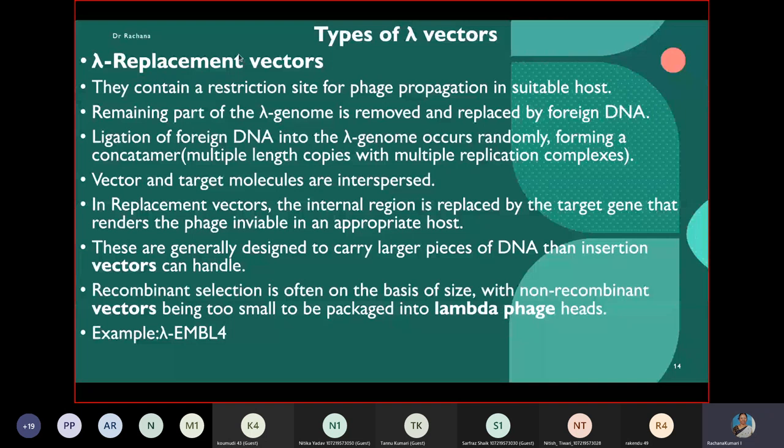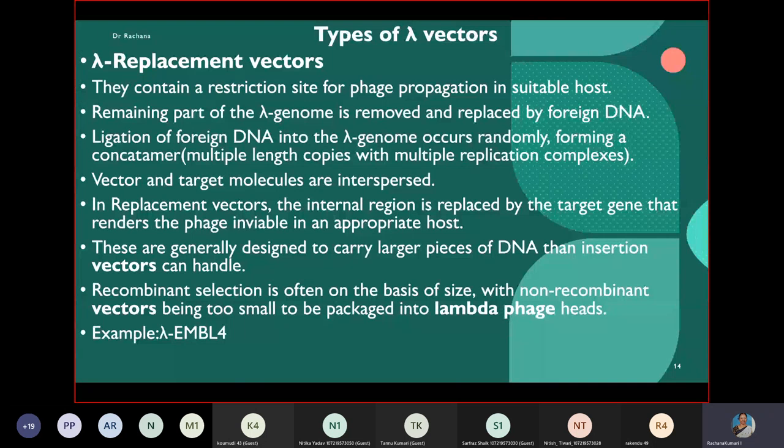This word itself is the key to understanding what we are going to do: we are going to remove something and then fill that gap by replacing it with our insert DNA. So in simple terms, such lambda genome vectors where you are removing and replacing something with material that is not a part of its own genetic material are called lambda replacement vectors.